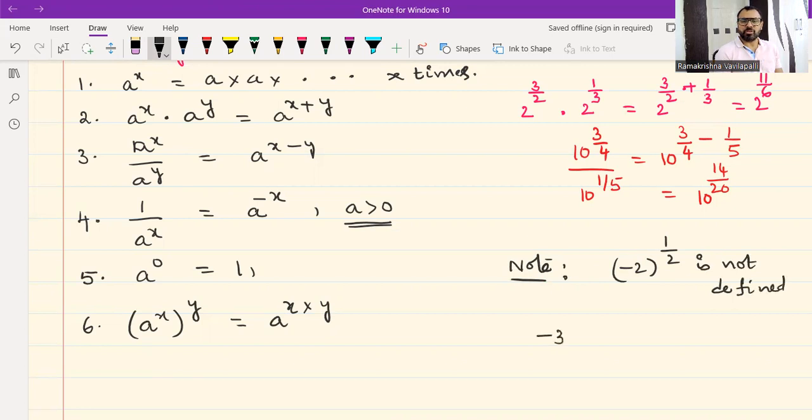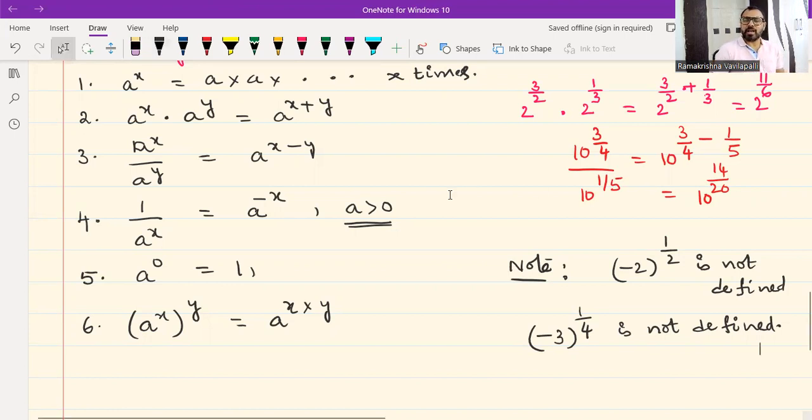Similarly, (-3)^(1/4) is not defined. We cannot evaluate these values. Sometimes these values can be evaluated, sometimes they cannot, based on the exponent. So that's why we generally take base must be positive.